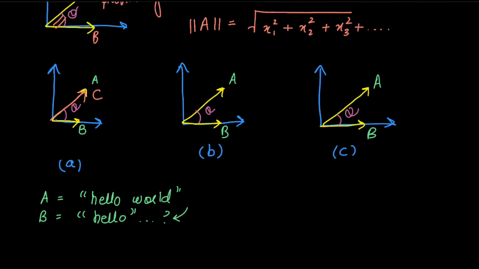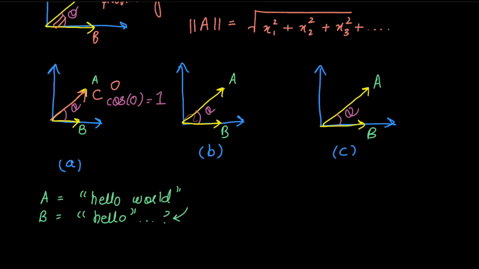According to the formula, the angle between C and A is 0, so cos of 0 would be 1.